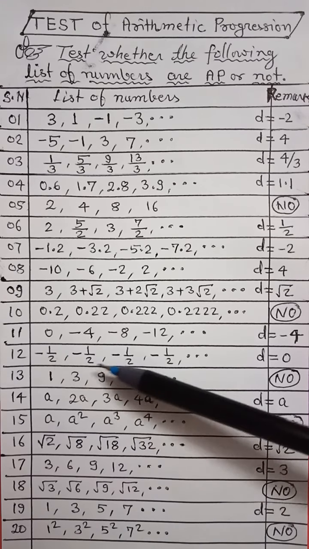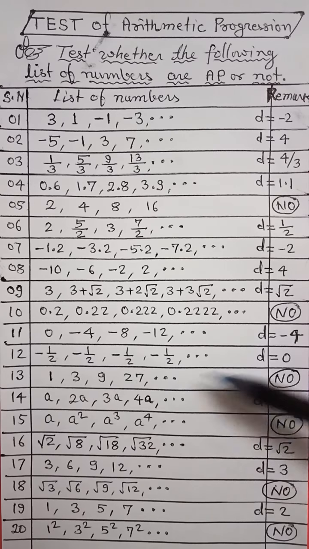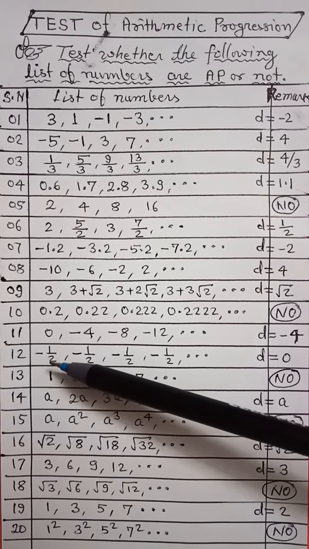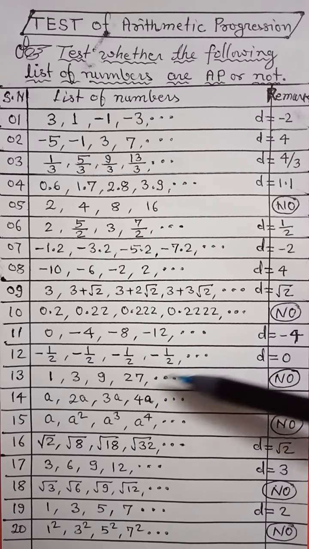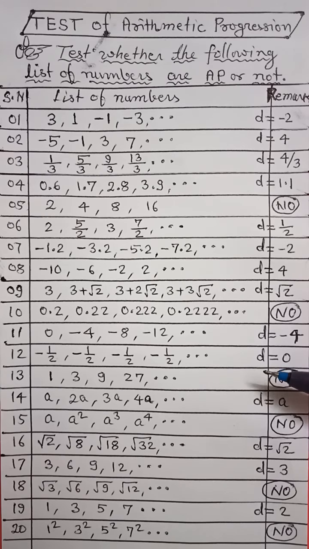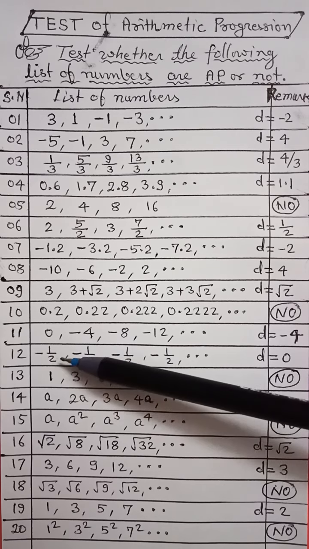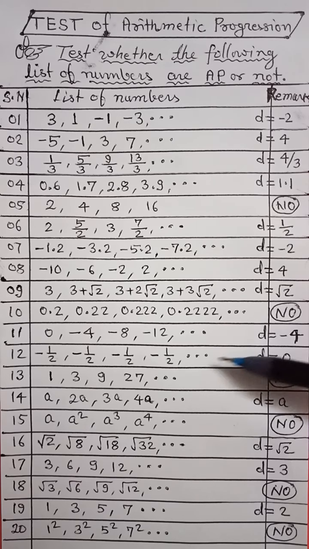Similarly you can see here the difference is 0, and therefore this is an example of a sequence which is an arithmetic progression, but here the common difference is 0, and this particular arithmetic progression is called a constant sequence.